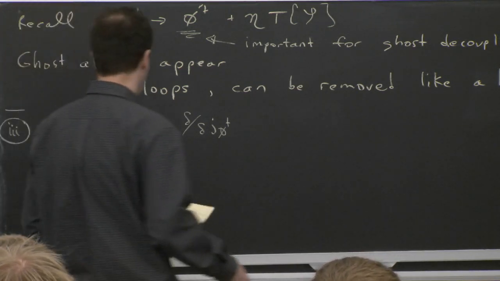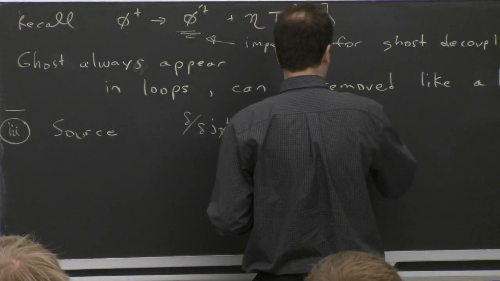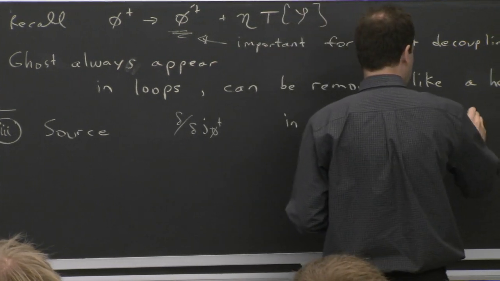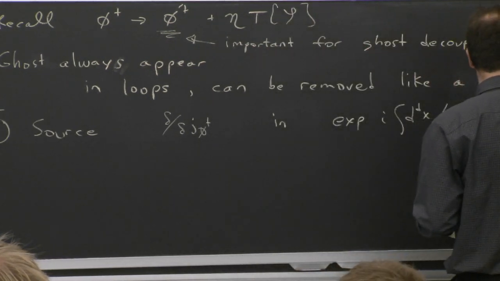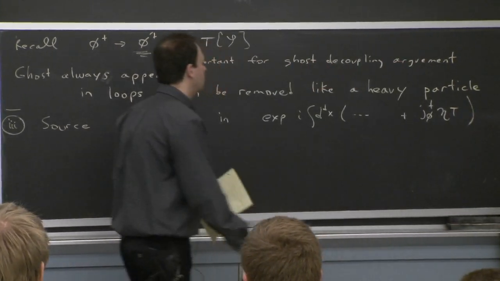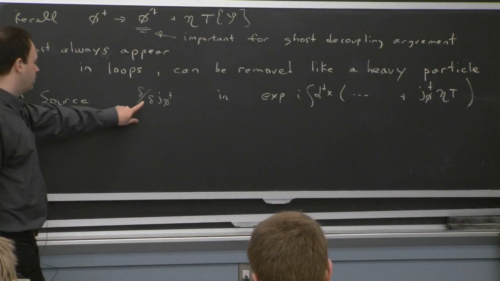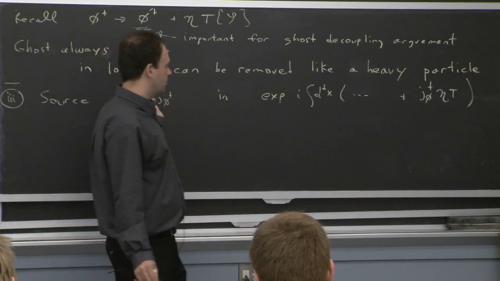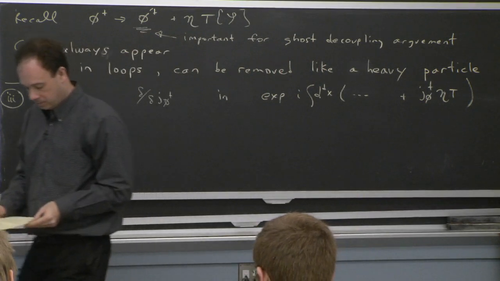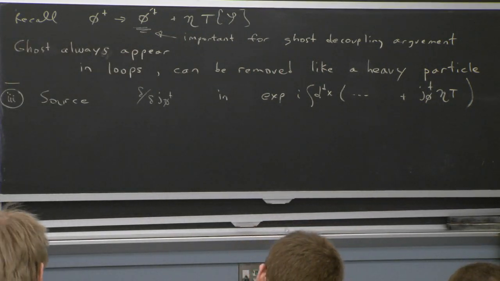So in our path integral, we had an exponential of a bunch of stuff, but then there was one final term that was induced that involved j phi dagger from the field redefinition. So when you take derivatives with respect to j phi dagger, there's sort of the usual term that we want, a source, and then there's this new term. So what about that new term? That's the final thing we have to worry about.